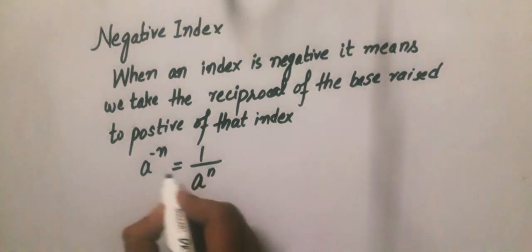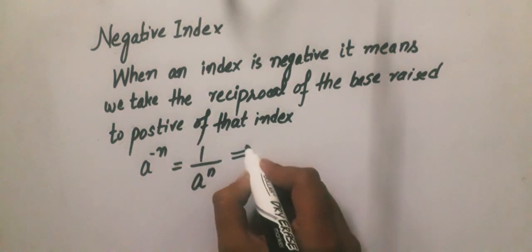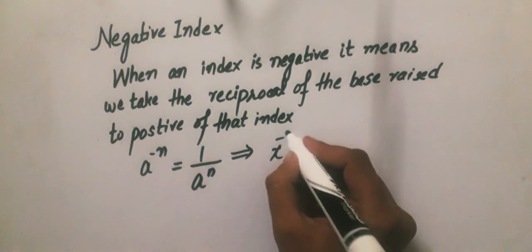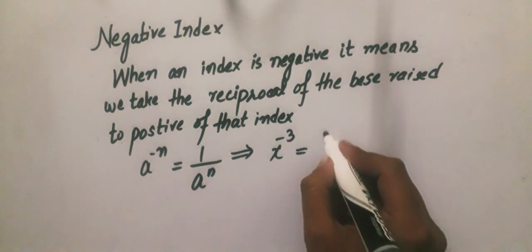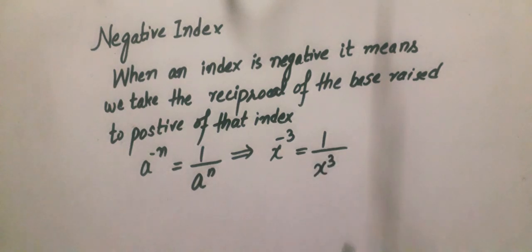This is the general form of negative index. Now we will apply this as x raised to power minus 3. It will become 1 over x raised to power 3.